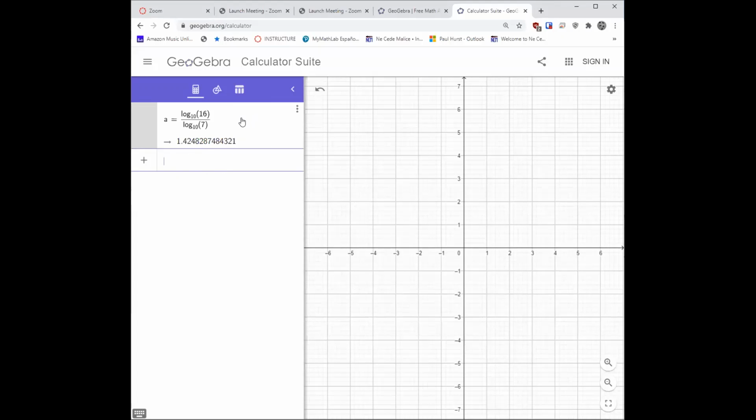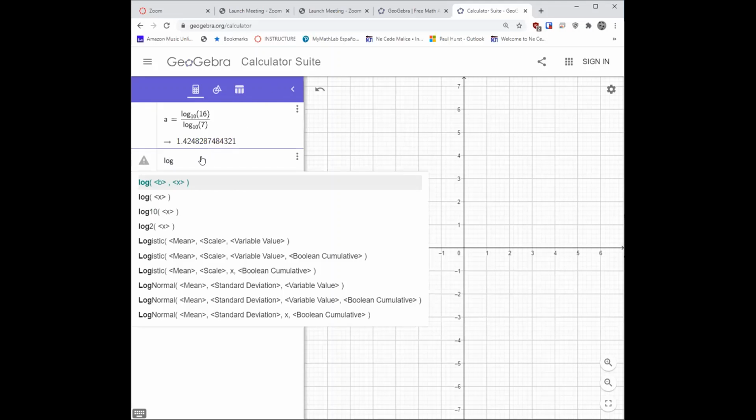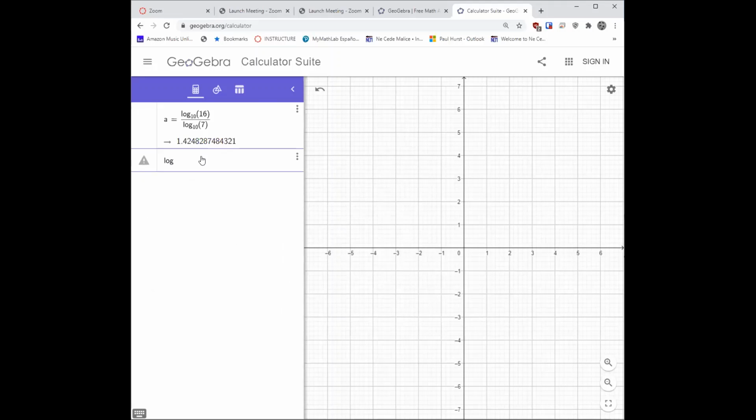Now, question number 6 says most calculators can find logarithms with base 10 and base e. Well, nowadays they can find it with any base. So if you do this, you type in log and then you hit the underscore key, like if you're putting a subscript, and you put 7.